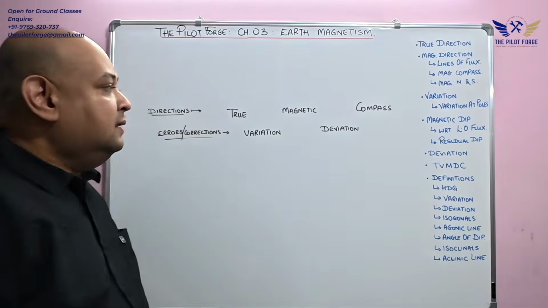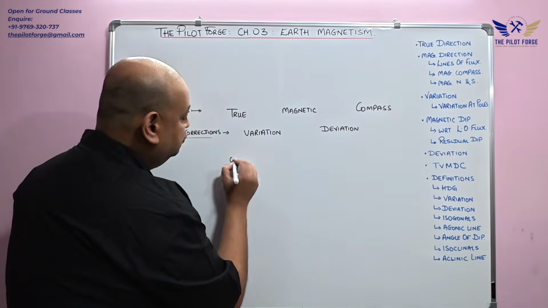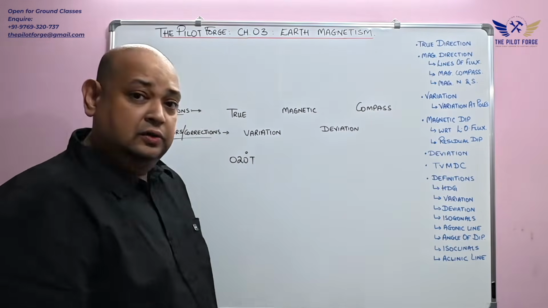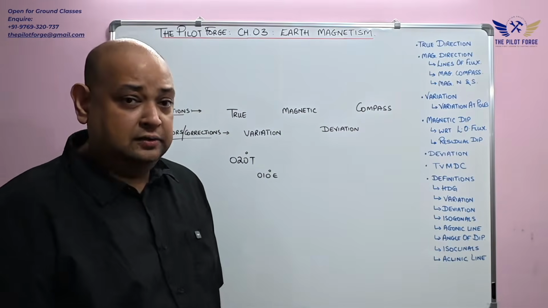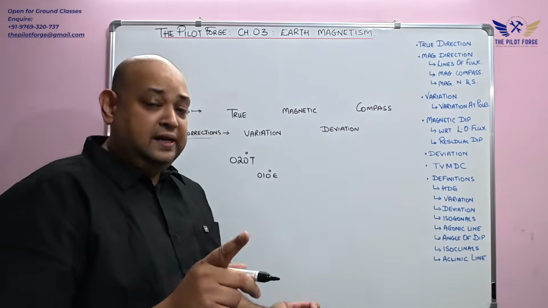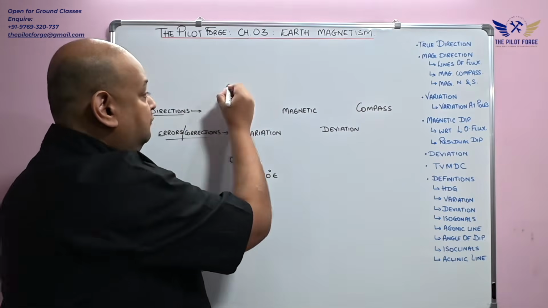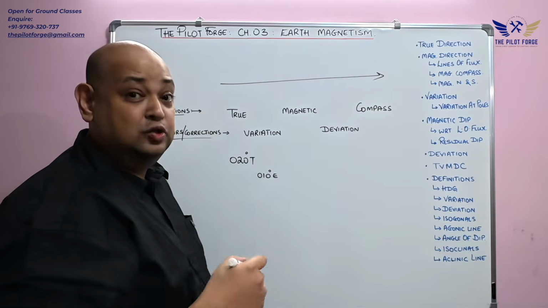Now, say for example, you have a true direction of 020 degrees true, a variation of 010 degrees east. What would be your magnetic direction? So in this case, a very helpful formula or methodology will come in handy for you. If you are progressing from true to compass, remember, variation needs to be applied.